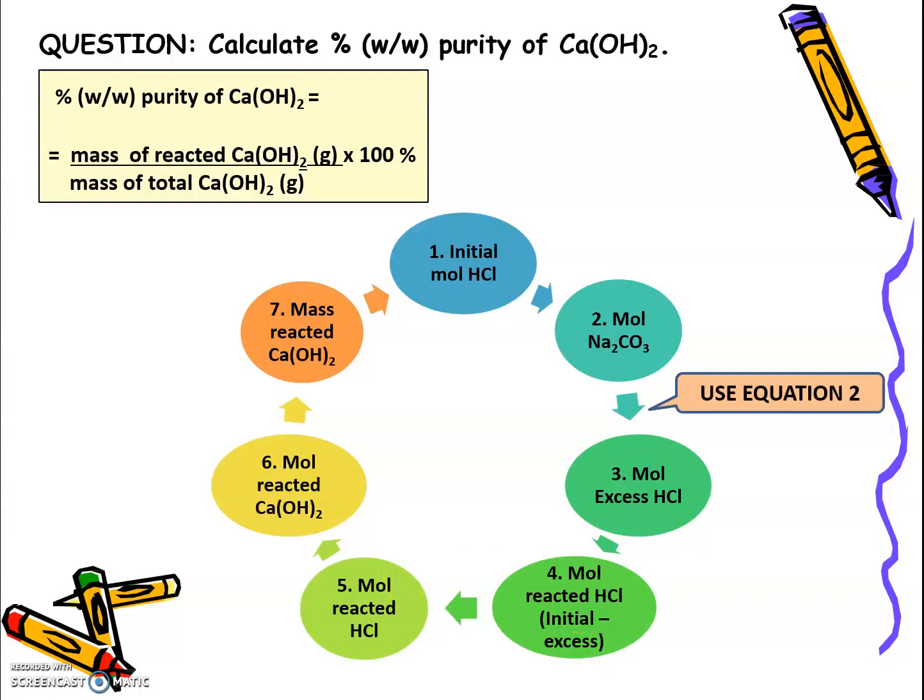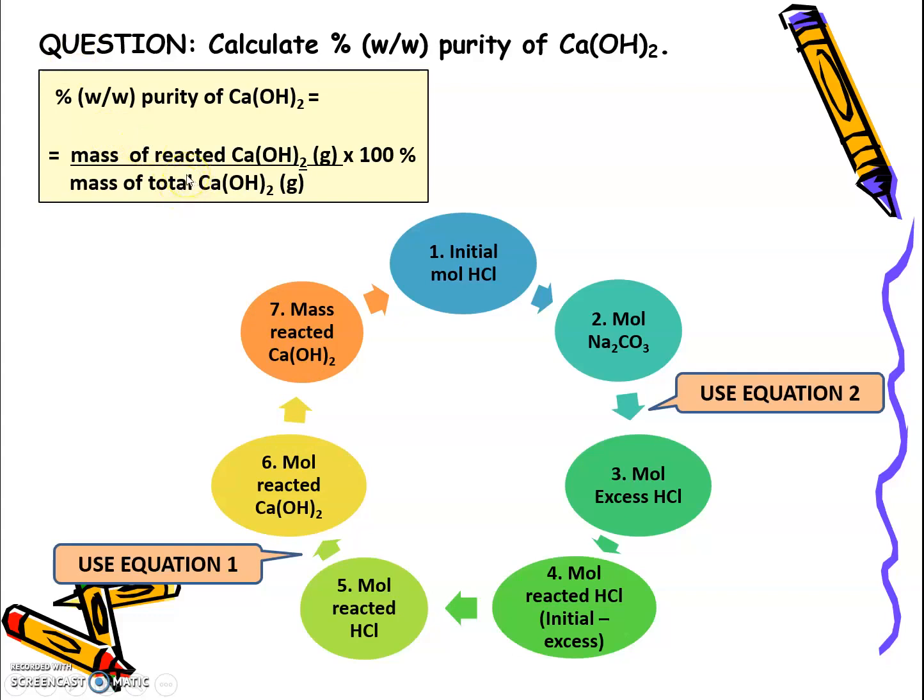Right. Next, by comparing from equation 1, we can calculate number of mole reacted calcium hydroxide. Alright. Next, we can find mass reacted calcium hydroxide, and put into the formula weight per weight purity of calcium hydroxide.